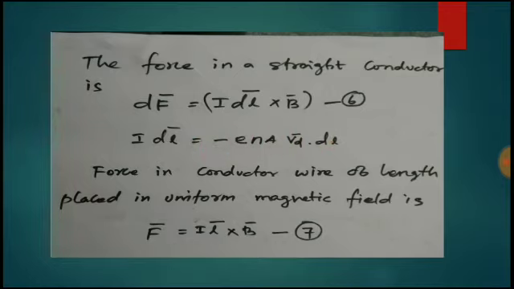Therefore the force on a conductor of wire of length L placed in a uniform magnetic field is F equal to I L into B. Because if you take F alone, F is equal to I, since this term is equal to I. Therefore I L into B is the force on a current carrying conductor.